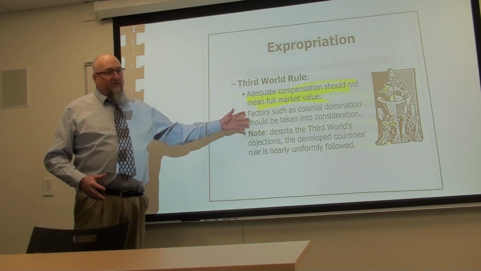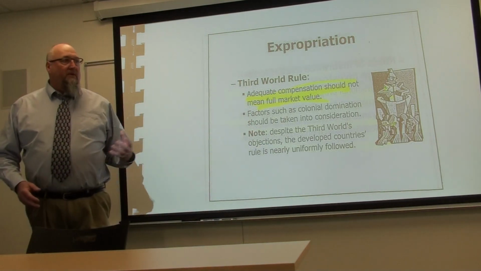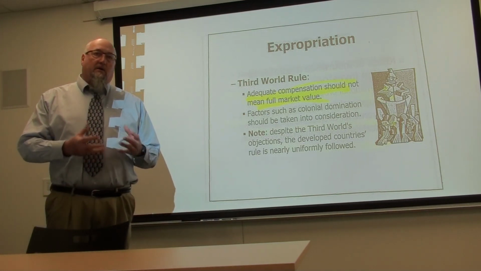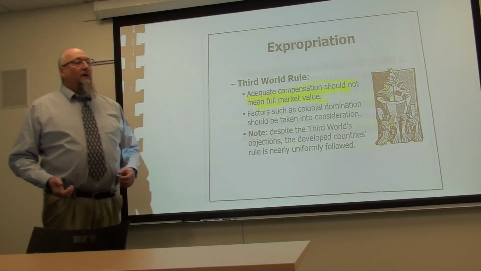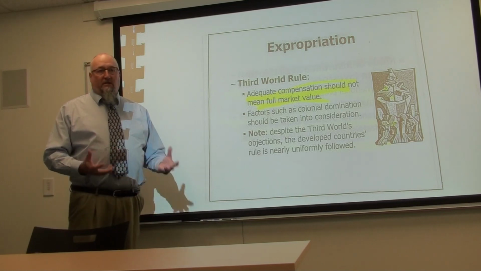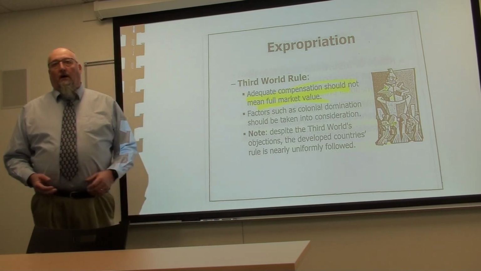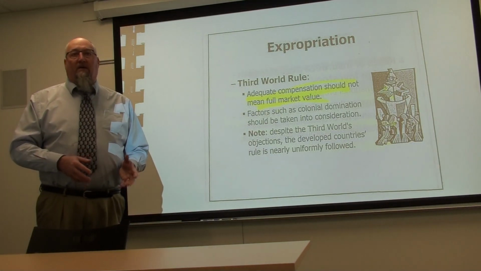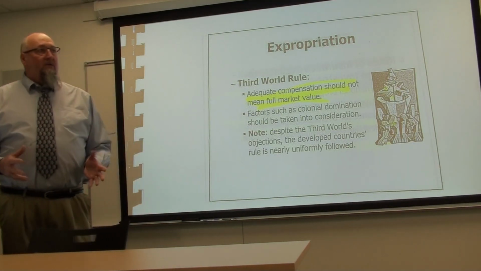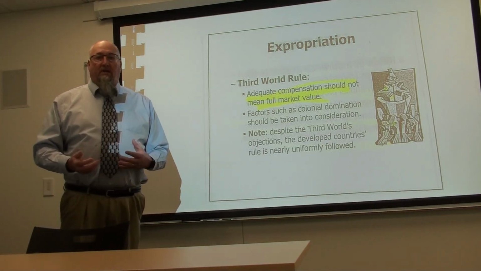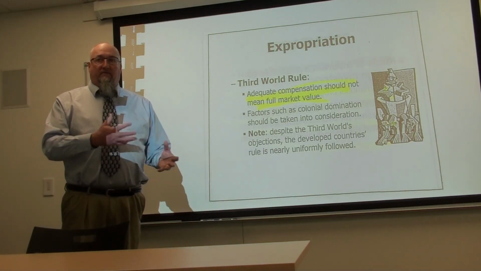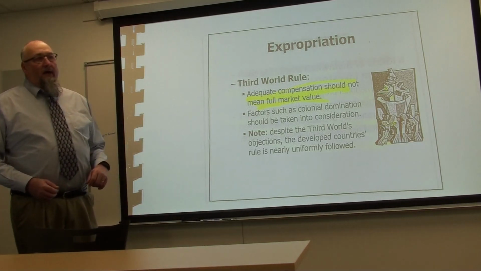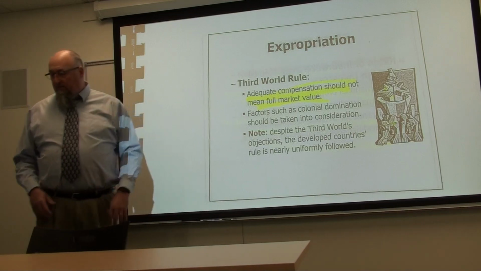And so the argument that is made by the government, let's say of Costa Rica, when they expropriate the property, is that you need to take into account all the profits that have been made from this property that was essentially taken at the beginning when you were arguing about whether or not compensation should be current fair market value or current fair market value discounted because the corporation has been receiving all of these gains over the years. And so that's another type of argument that's made when we talk about valuation.